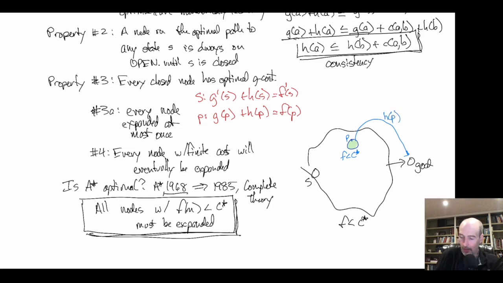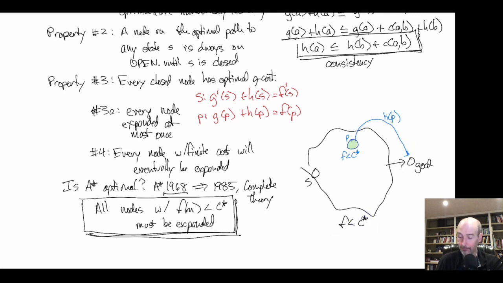Okay, there's one little detail I'll cover in a second, but what we see here is that in this new problem, which is otherwise identical to the other problem, the algorithm that avoided expanding this state is again going to avoid expanding this state. But that means it's going to miss the fact that there is a solution here. On the previous problem, we found a solution of cost C star.